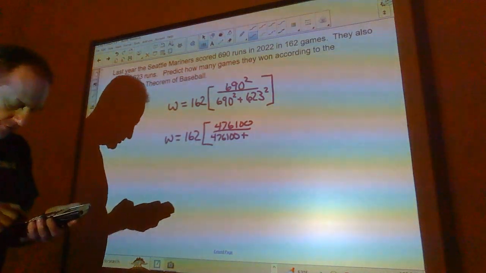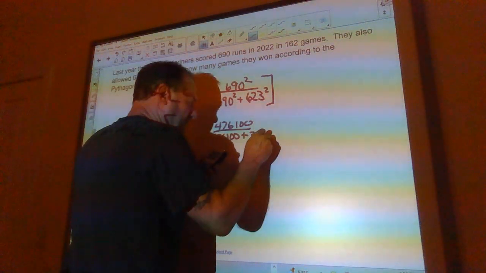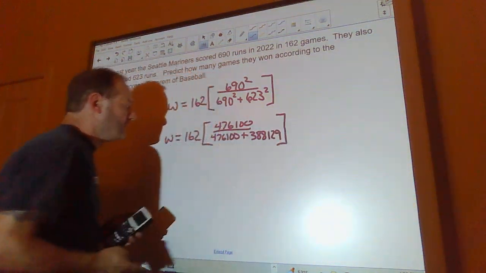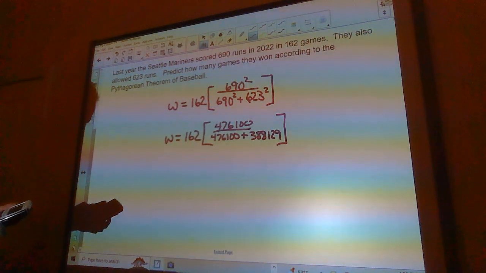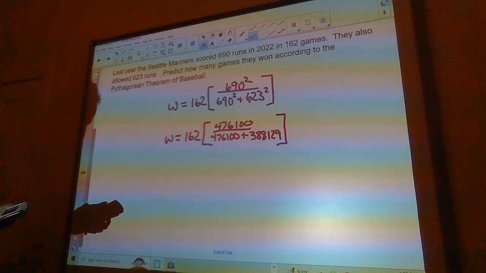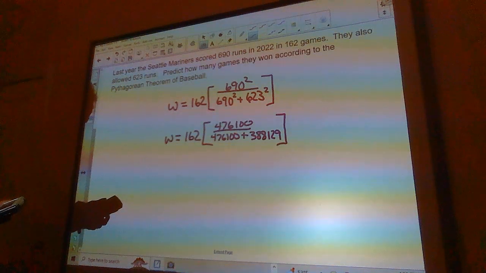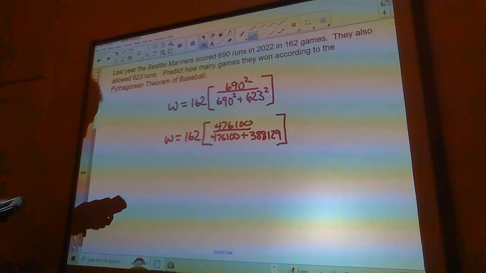Then we have 623 squared, that's 388,129. So 476,100 divided by, in parentheses, 476,100 plus 388,129.